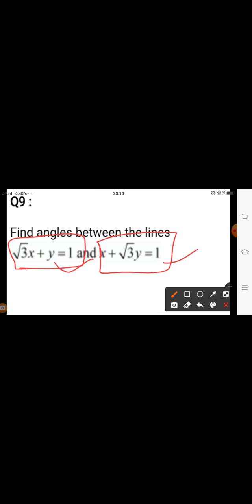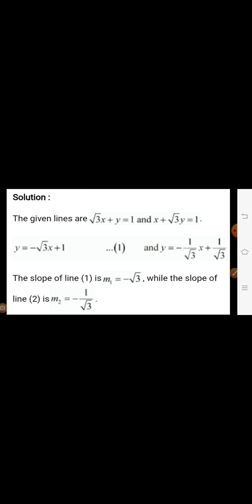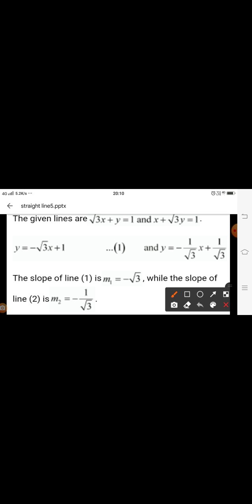Slope is equal to minus a upon b, where a is the coefficient of x and b is the coefficient of y. Here for the first equation we get minus root 3, and for the second equation we get minus 1 upon root 3. With the slopes, using the formula tan theta is equal to m2 minus m1 upon 1 plus m1 into m2, we easily get the angle between the two given lines.